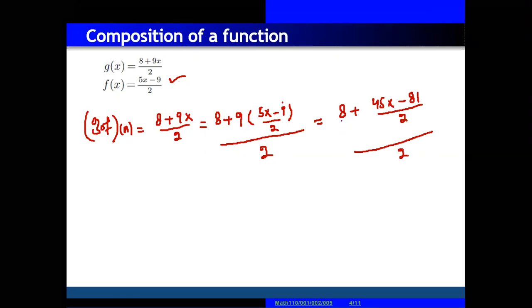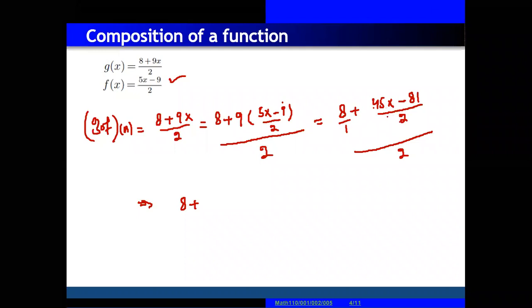Now you know that we don't have a proper denominator for 8, so we need to find the LCM of 8 with 45x minus 81. You can find this one. If not, for your simplicity you can also divide: if you write the 8 plus, and divide 45 by 2 and also 81 by 2.